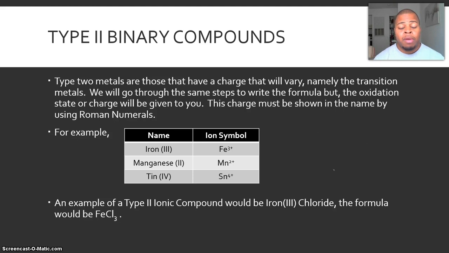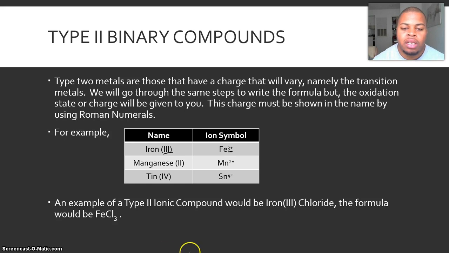So, in the name of the compound, we make sure there's a Roman numeral to specify that I'm dealing with this specific type of iron or manganese or so forth. So, given the example we have here, oh, sorry, almost forgot. You notice that the number of electrons it's going to lose is telling you the charge. So when you think Roman numeral, think this is the charge that it's going to have. And I can move forward with that.